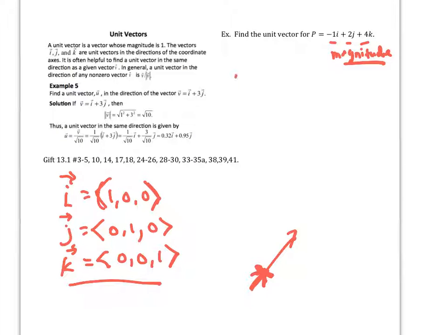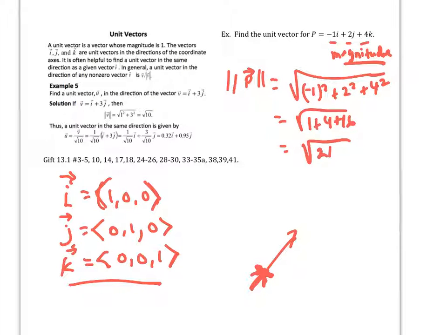So if I take the magnitude of my vector P, and I go ahead and find this, that magnitude is the square root of 21. Now to make each one of these vectors a unit vector, as we have up here, all you have to do is take each one of these pieces and divide by this magnitude, and that will put my vector at a length of 1.